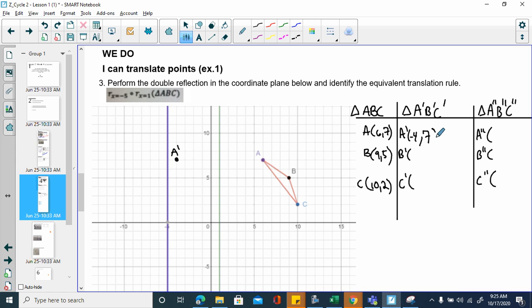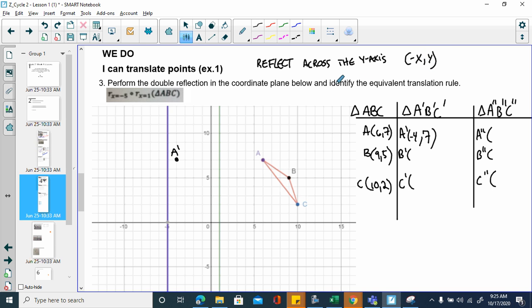Now at this point, we're going to see if we can identify a pattern that will help us finish this a little bit quicker. Recall, we developed a rule for reflecting across the y-axis. When we reflect across the y-axis, the rule was that your x would be multiplied by -1 and your y would stay the same.